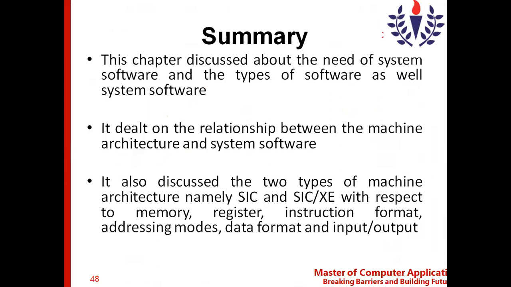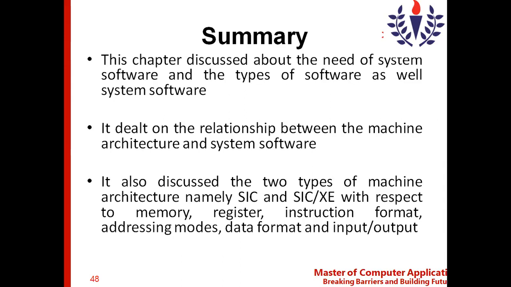So this is a summary of the introduction part in the first module. We have discussed the definition of system software, the need for system software, the different types of system software, and the difference between system software and application software.